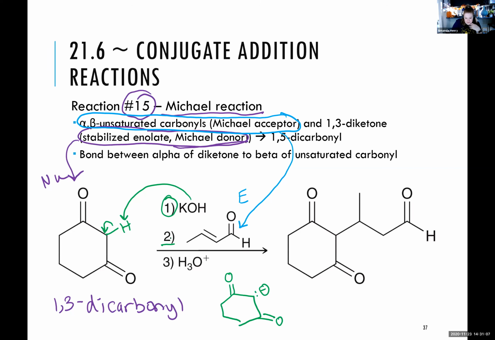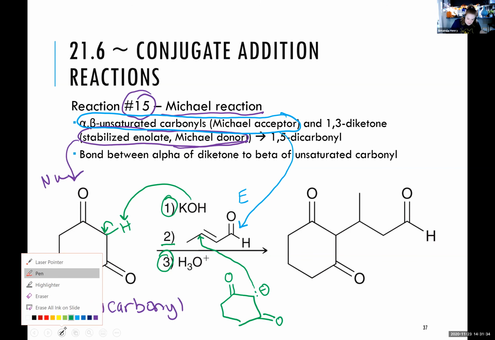Second step, we add in that alpha beta unsaturated carbonyl, the Michael acceptor, and we react at that beta position. The rest of this mechanism is essentially what we saw on the last slide. Things move around. We add the acid and the water to turn the enolate into an enol, and then it tautomerizes back.